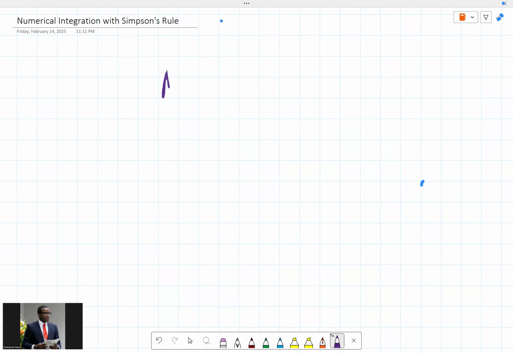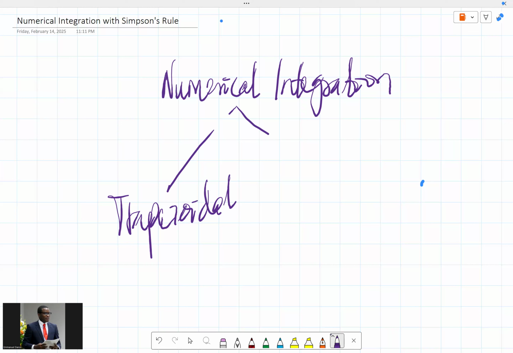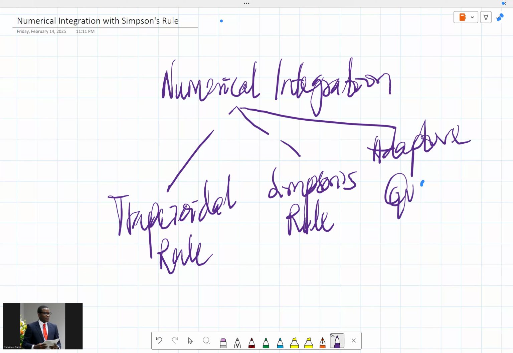For numerical integration, in the previous video I talked about the trapezoidal rule. Now we'll be looking at Simpson's rule. Then there's also going to be a talk about adaptive quadrature.